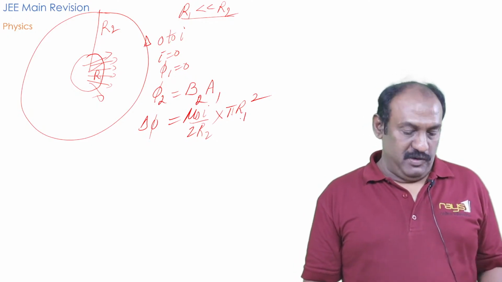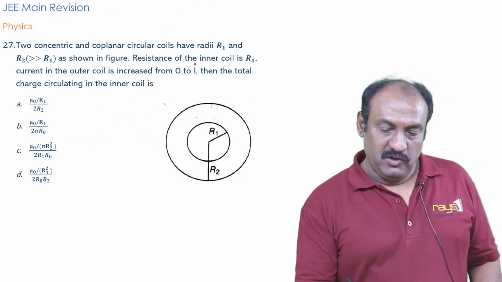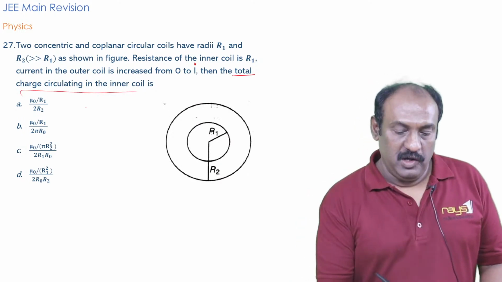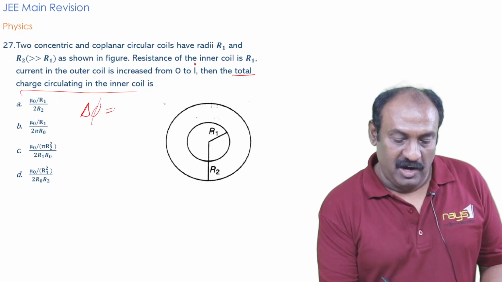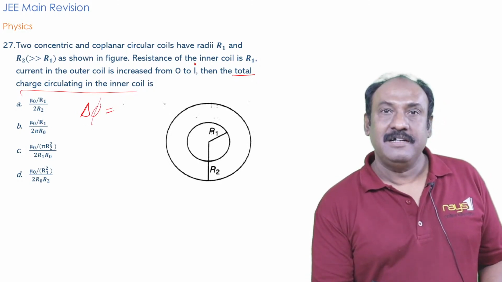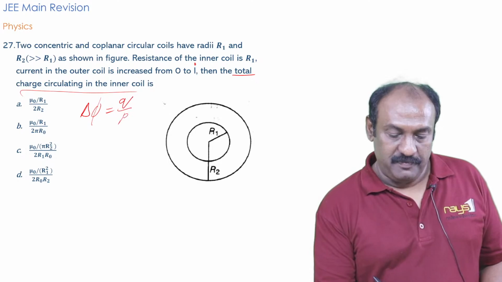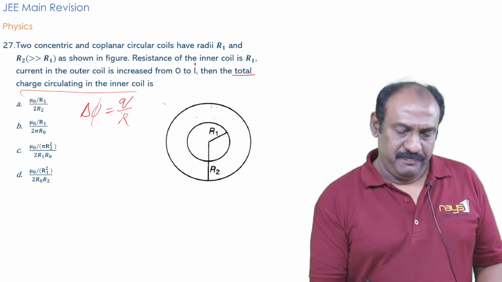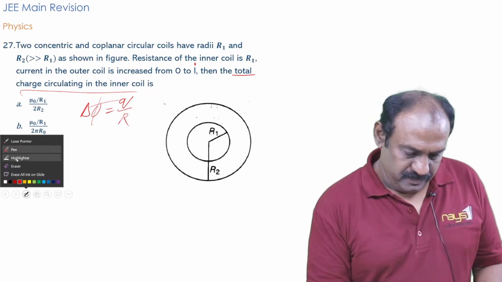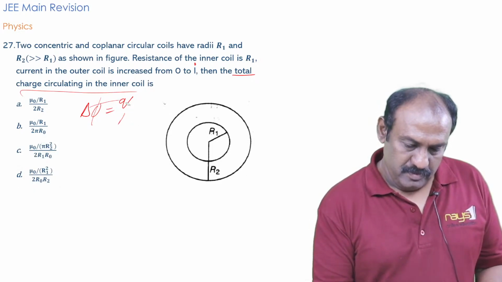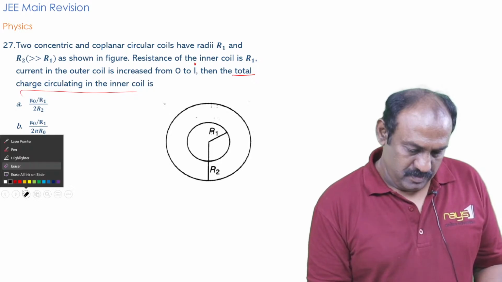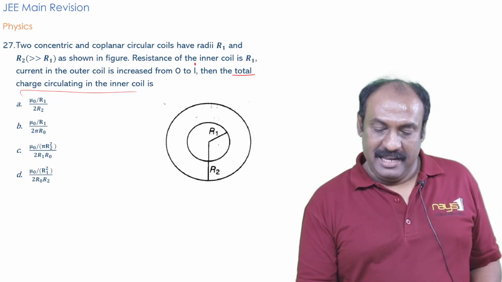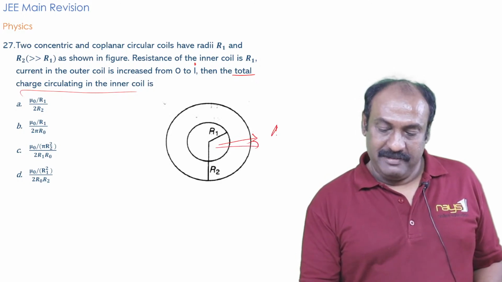Okay. Now what do we want? See the question: the total charge circulating in the inner coil. We know that the change of flux through any coil due to flow of charge is delta phi equal to Q by R. So the total flux through the area of the coil is known to you, that is delta phi.